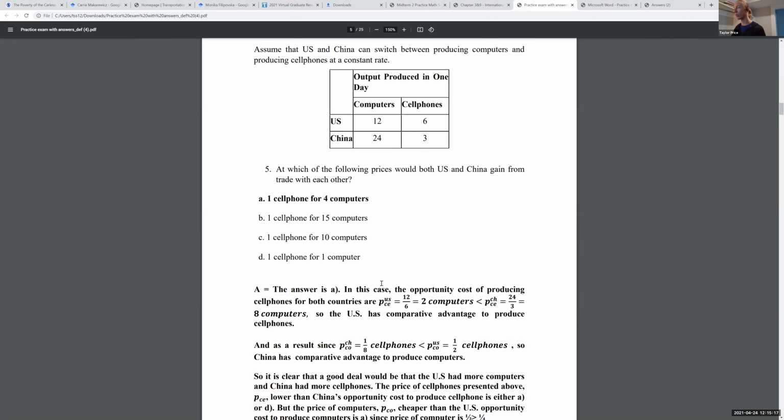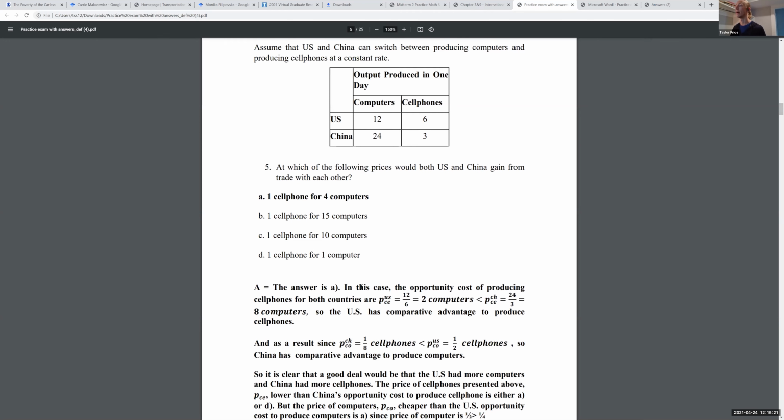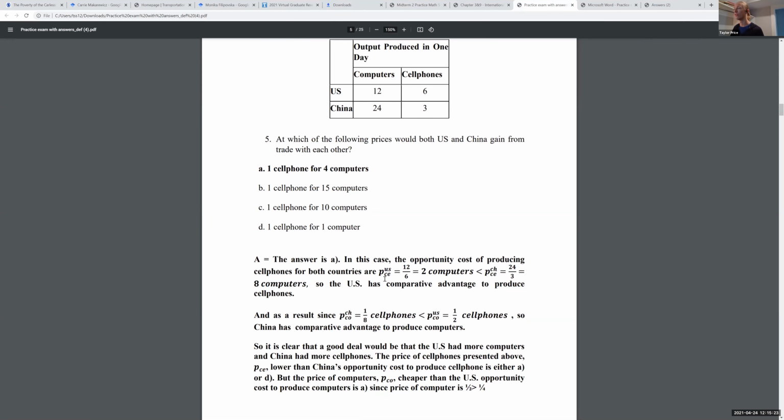So for this question, when we compute the opportunity costs, we first do it for cell phones. We take the computers over cell phones to get 2 computers for the US, and then we'll do it for China as well. We take the 24 over 3 to get us 8 computers.